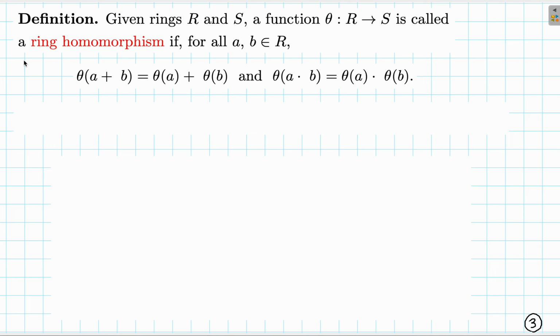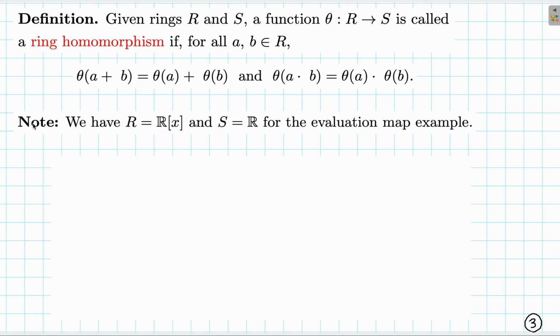In other words, for all elements A and B in the domain R, we have the two relationships theta of A plus B equals theta of A plus theta of B, and theta of A times B equals theta of A times theta of B. Now in the evaluation map that we just saw, the domain is the polynomial ring R bracket X, and the codomain is the field of real numbers.